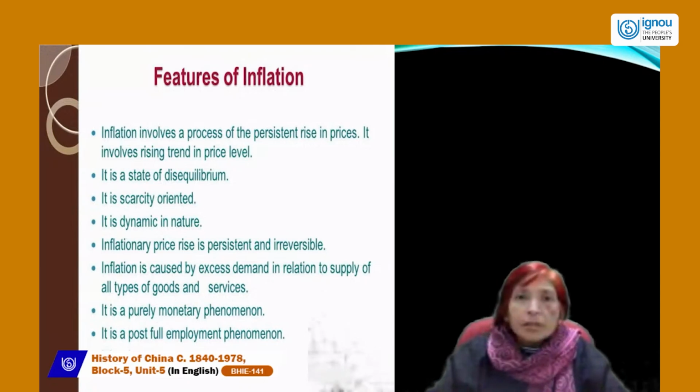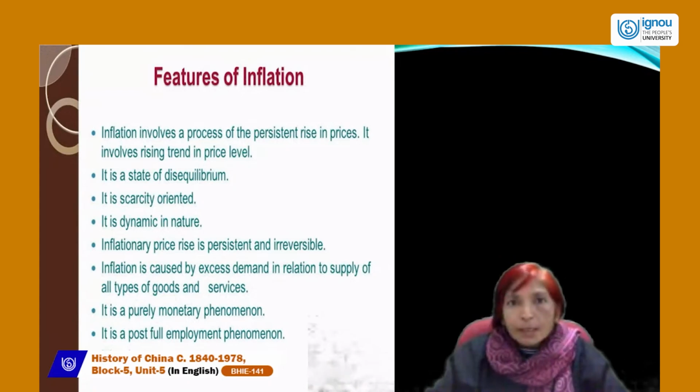And inflation generally occurs due to scarcity of resources, because when resources are limited as compared to needs or wants, then the inflation problem exists. And it's dynamic in nature. You know that the whole economy is dynamic. We are living in a dynamic world.